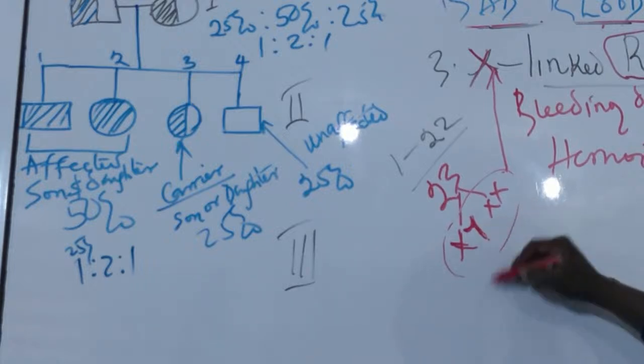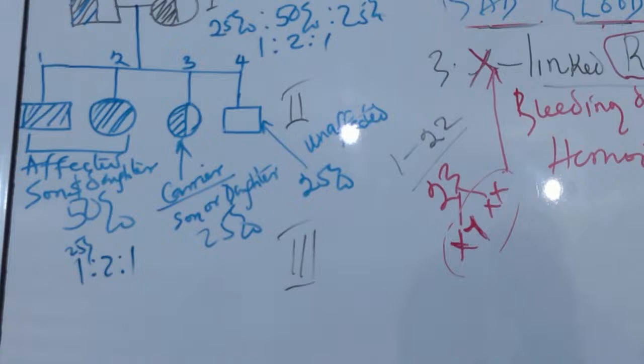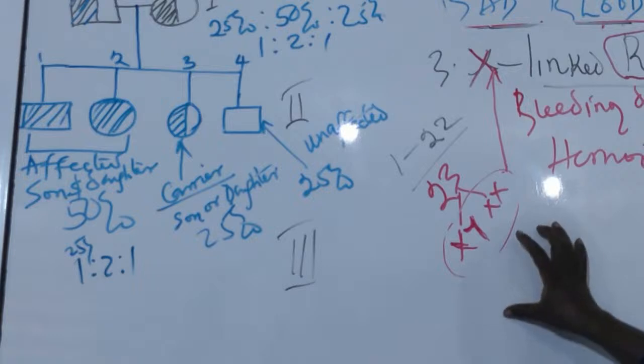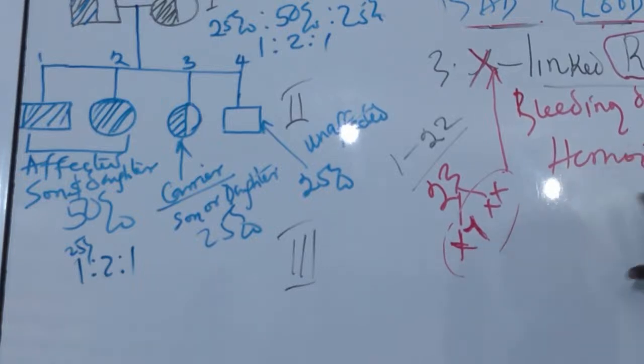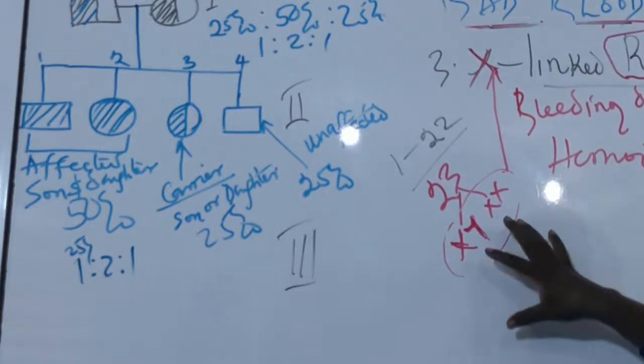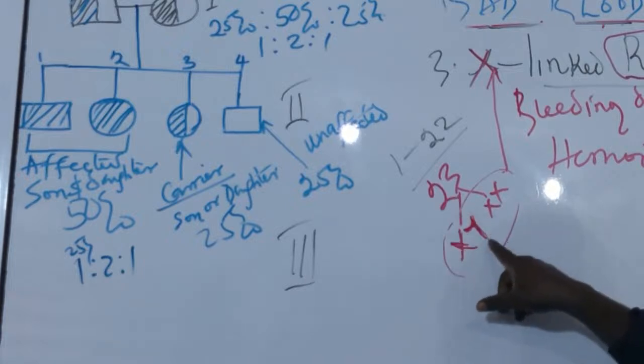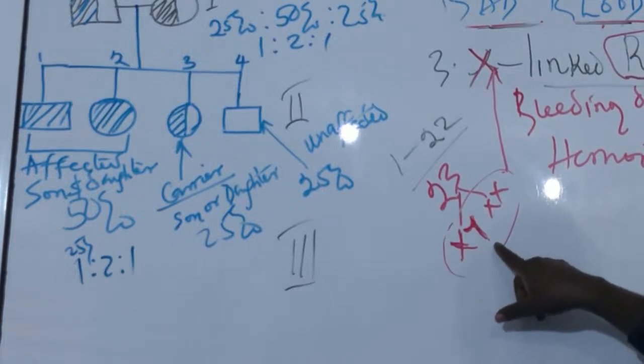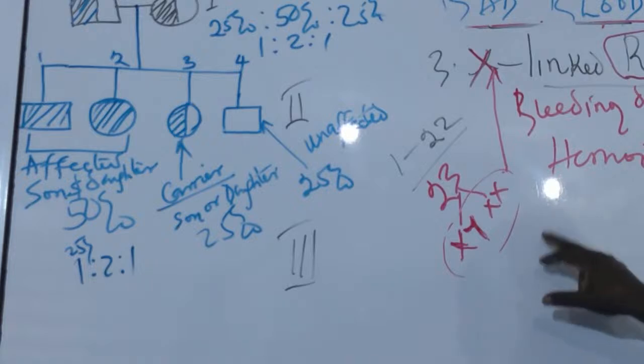Y will only determine whether the person is going to be a male. If Y is donated by the male during fertilization, the child is going to be a male, otherwise it is going to be XX.